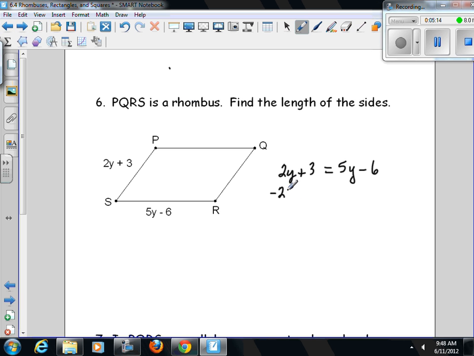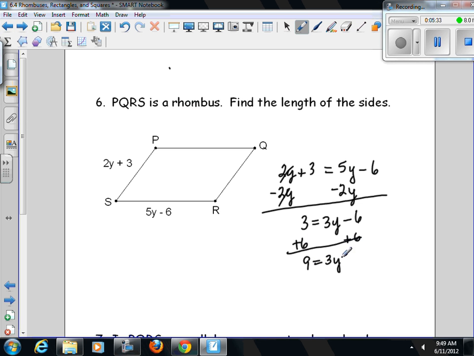So we'll subtract 2y from each side, and we'll get 3 is equal to 3y - 6. We want to get y alone, so we're going to add 6 to each side. And we end up with 9 is equal to 3y. Divide each side by 3, and we have that y is 3.